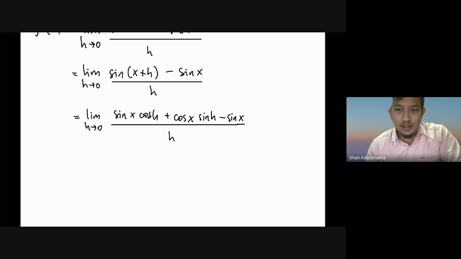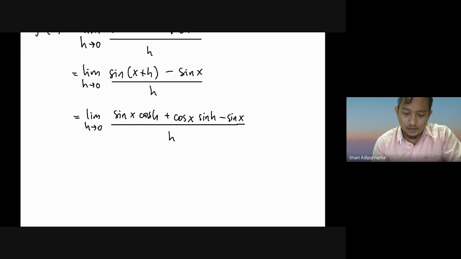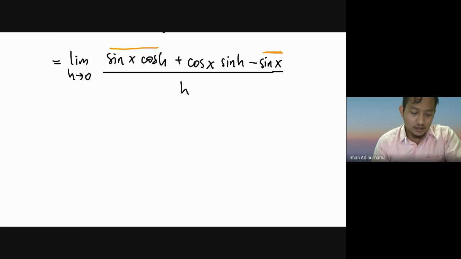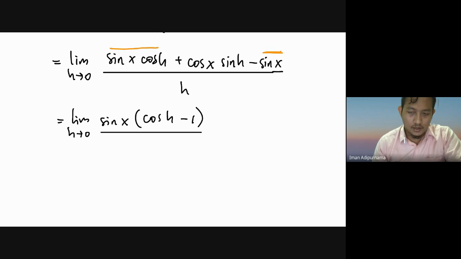Now we can do grouping. We have sine x here and sine x here. So let's move that and group that. Let me write sine x times cos h minus 1, and make that one grouping.